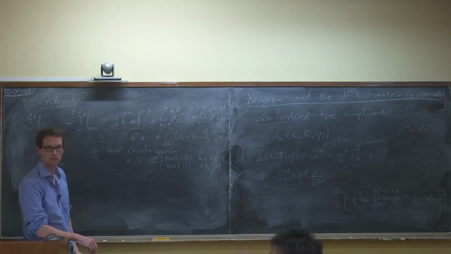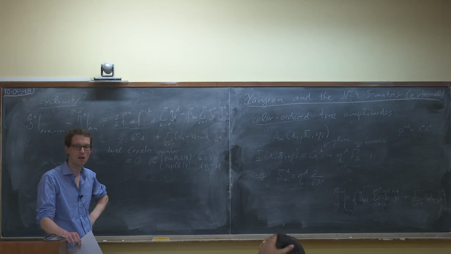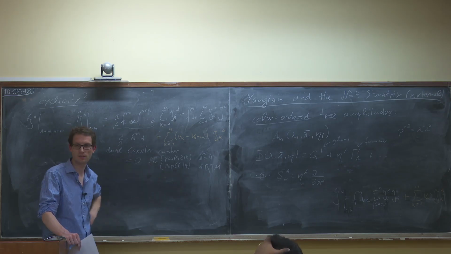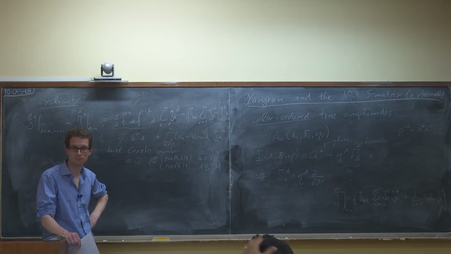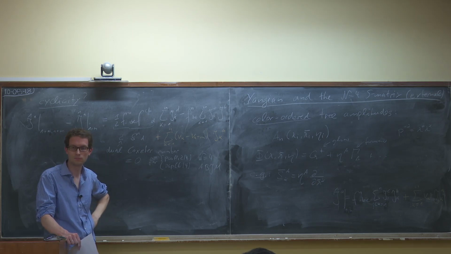Suppose I have a different theory, say OSP(6|4), an ABJM theory, but I make the external particles fundamental rather than matter.